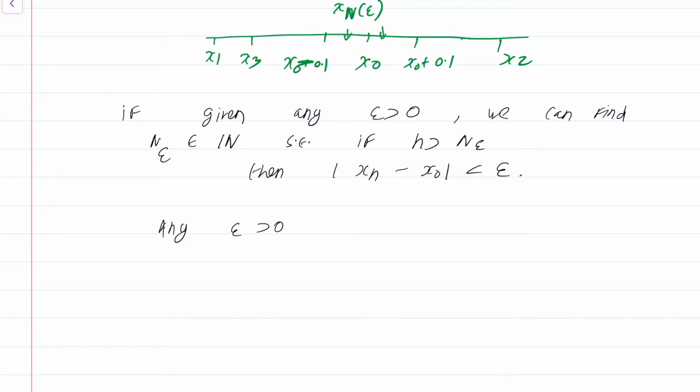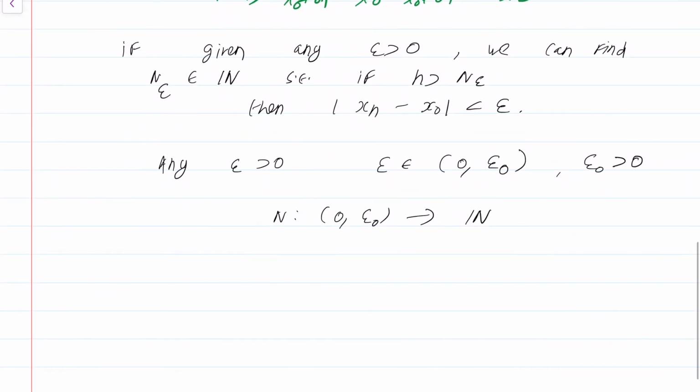If you could do it for epsilon in some interval 0 to epsilon naught, where epsilon naught is of course greater than 0, in other words, if you can find a function N from the interval 0 to epsilon naught to the natural numbers, such that the definition of convergence is satisfied for all epsilon coming from the open interval 0 to epsilon naught, then you are actually done. You can make this function capital N actually from R plus to natural numbers.